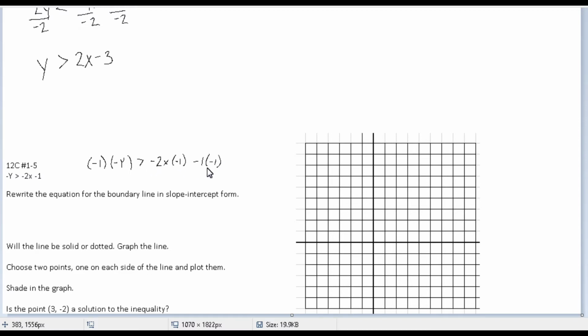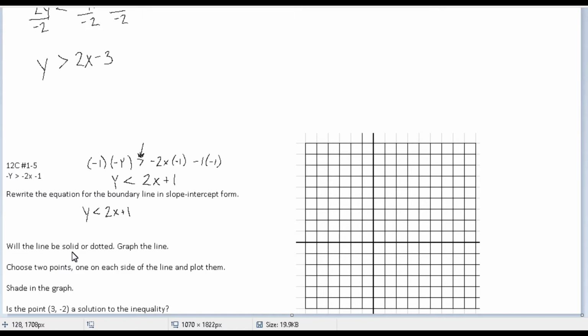When I do all this multiplying, I have to switch the direction of the sign. So as I go through and do this, I'm going to say y is now less than. Negative times a negative is a positive, so we have 2x, and a negative times a negative is another positive. Alright, so this is our new equation for the boundary line.